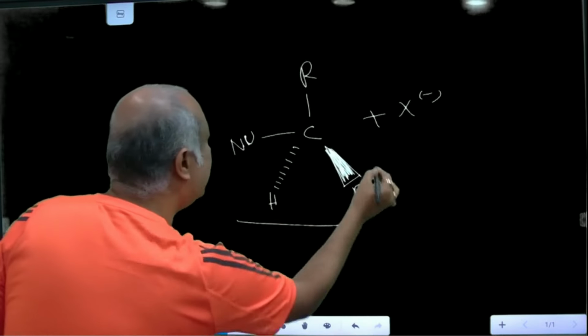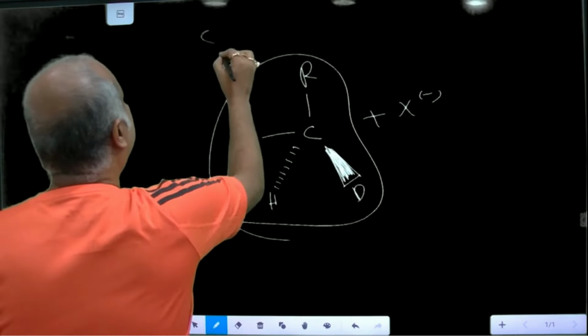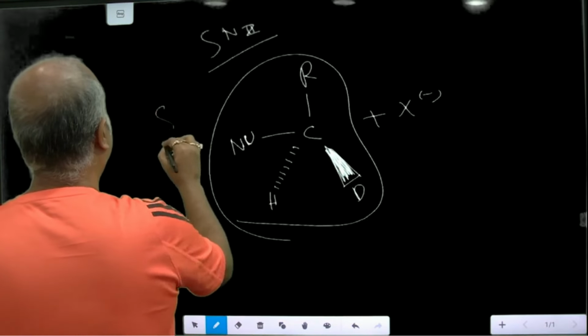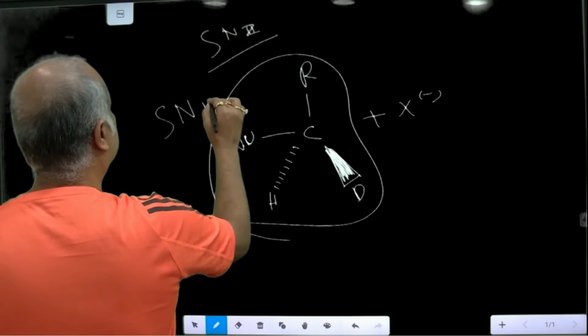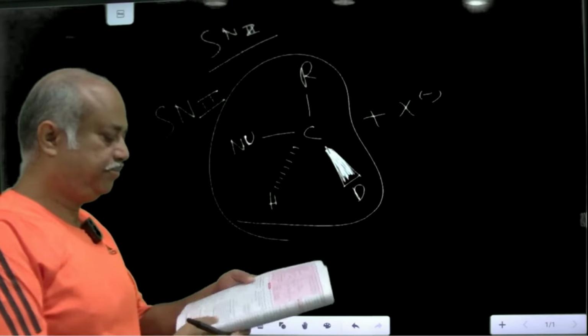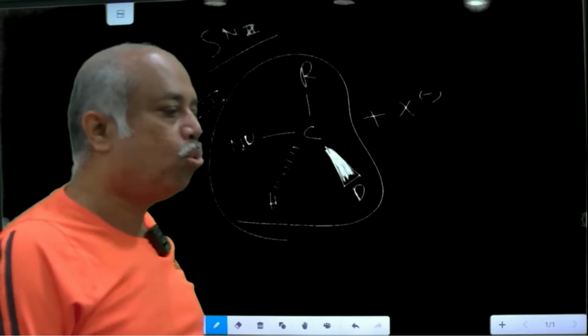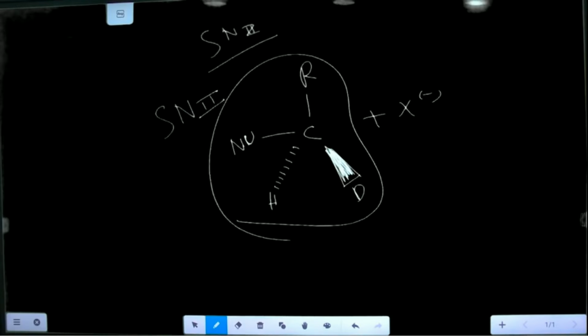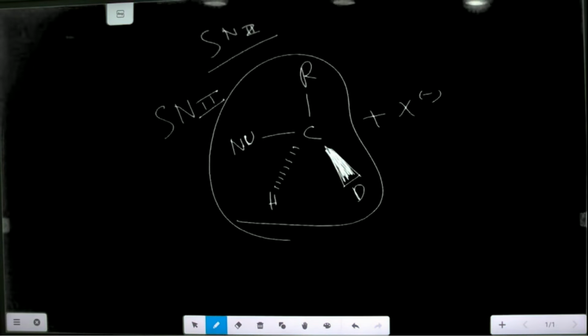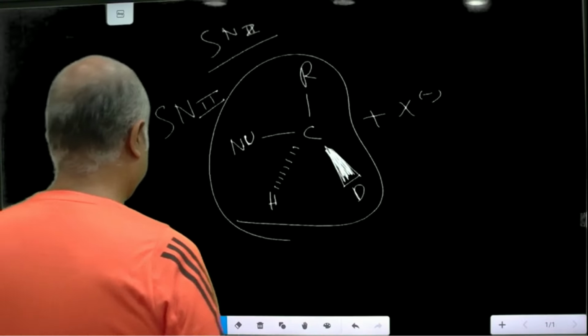That is the ultimate product, and that is the SN2. That is the one-step reaction.